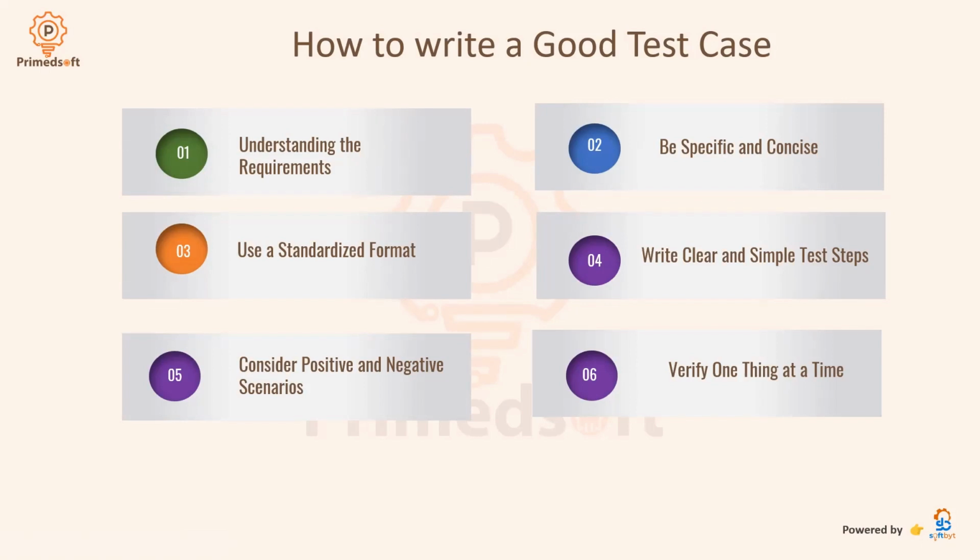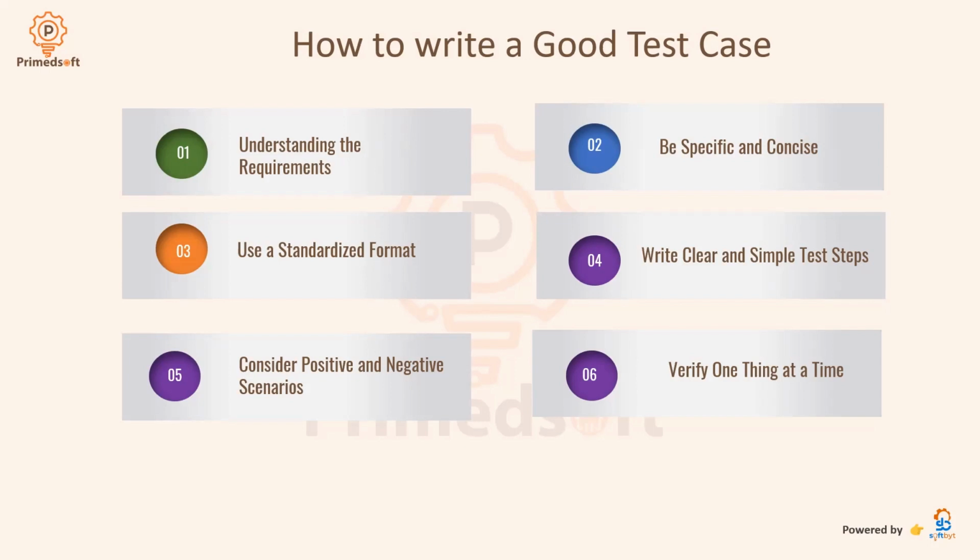So the next one on our list is consider positive and negative scenarios. I've said it, you need to consider negative and positive. Like when I was giving you scenarios step by step on how you can test Facebook, I gave you a positive scenario, which is using a valid username and valid password. When you want to do your negative scenario, you also write a scenario such as invalid username and valid password.